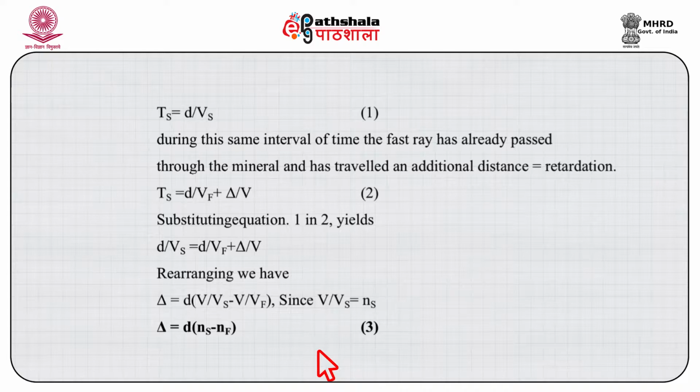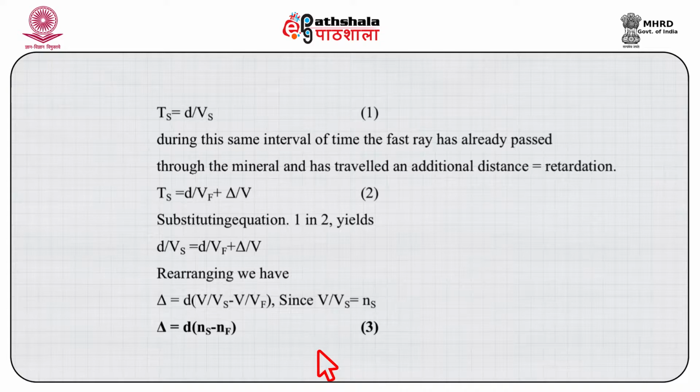Retardation develops due to differences in velocity of the slow ray, which is lagging behind the fast ray, and the distance represented by this lagging after both rays have exited the crystal is called retardation, which is denoted by the Greek symbol delta. The magnitude of the retardation depends on the thickness of the mineral and also on the differences in the velocity of the fast ray and the slow ray.